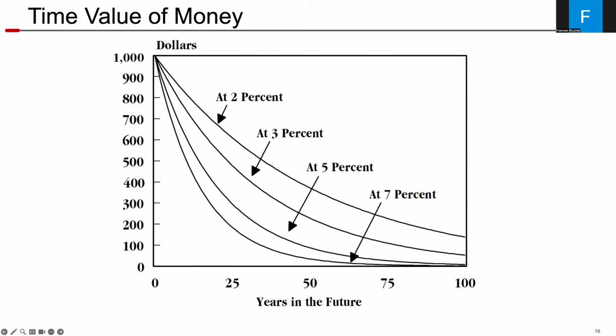The other reason is the ability of money to compound or to grow in returns through investment or compound interest over time, which can allow money to increase in value. So if you have a dollar and you do nothing with it, over time it becomes worth less and less.